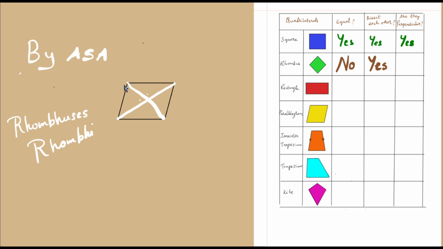So we'll have to consider these two triangles and compare them for congruency. So one in green and the other one in brown. If they are congruent, then our job will be done. So we have one side common to both the triangles. This side is common to both the triangles. And then as all sides are equal in length in a rhombus, these two sides also are equal.